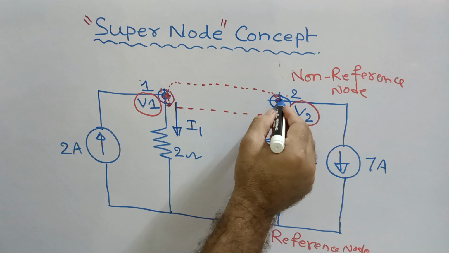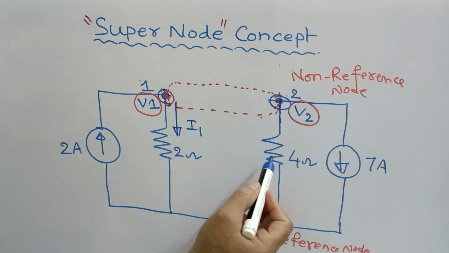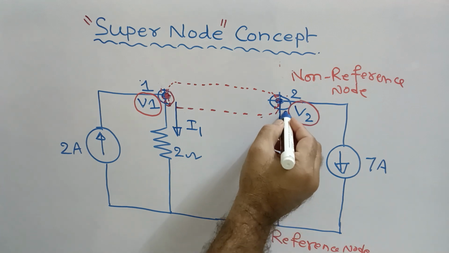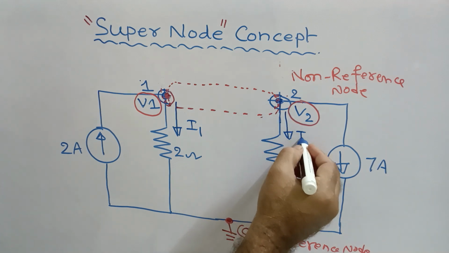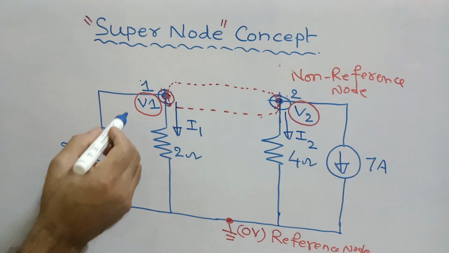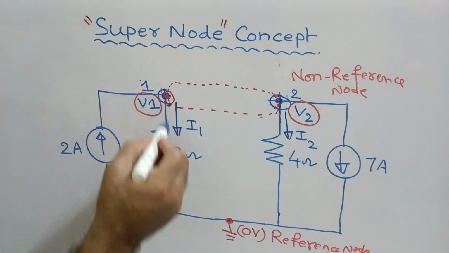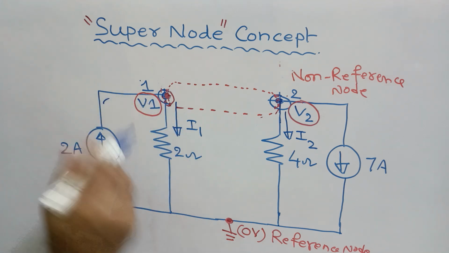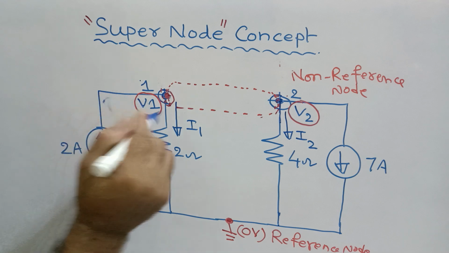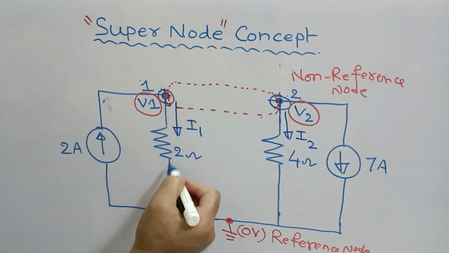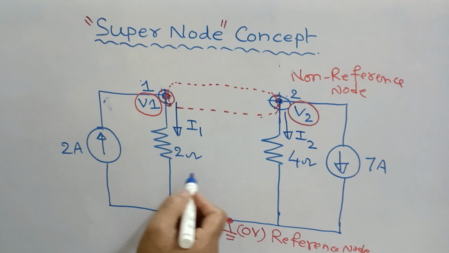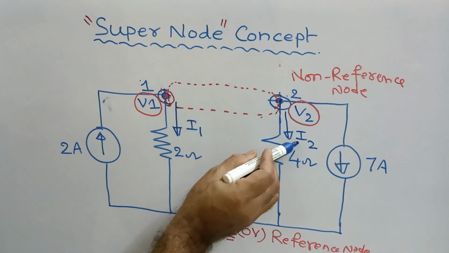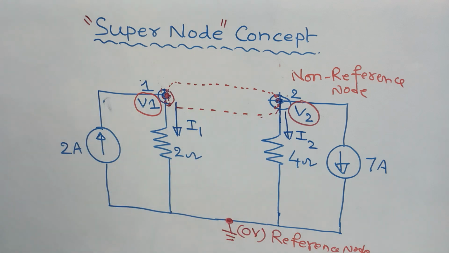Similarly, with respect to the second node, some current flows through this 4 ohm resistor, consider it as I2, because you can see it as one loop. Therefore, from this node through this resistor, assume that I1 current is flowing, and as it is a second loop, assume that I2 current is flowing through this resistor.